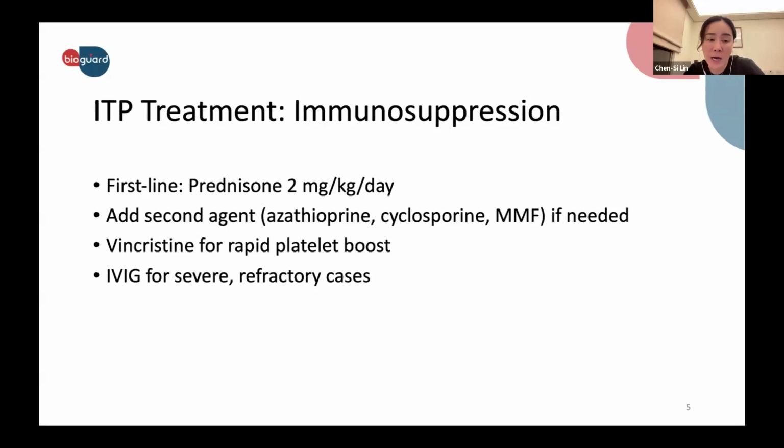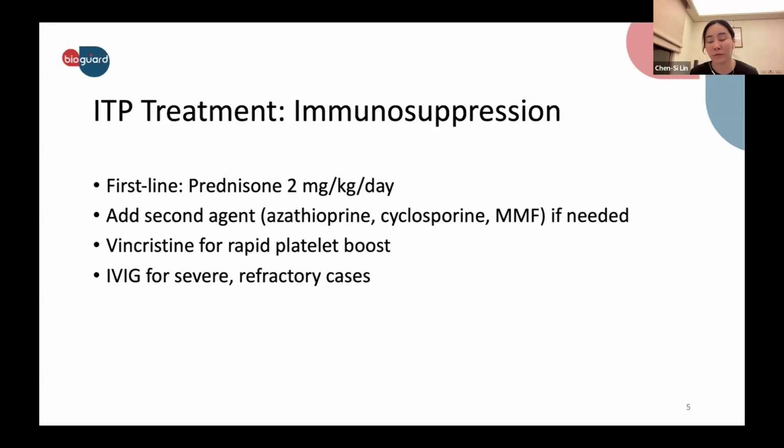IVIG is a kind of immunoglobulin, and it costs a lot, but it can arrest severe bleeding by saturating Fc receptors on the macrophages, those phagocytes, so it prevents the macrophages from continuing to phagocytose the platelets.